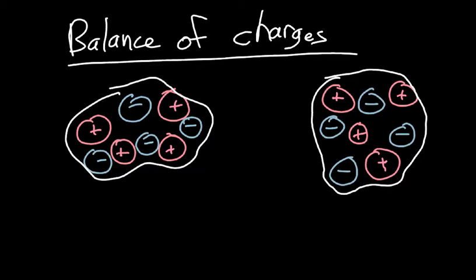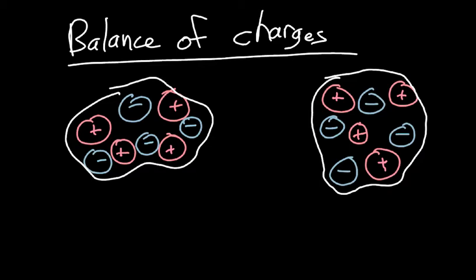If we model two objects as just these blobs of mixtures of positive and negative charges, for every positive charge that we have over on this side, we're getting a repelling force from all the positive charges over on this side. So this little positive charge gets 1, 2, 3, 4 repelling forces from these 4 charges over here.